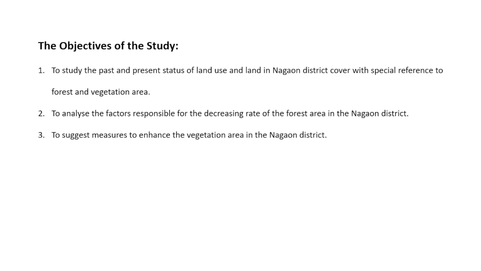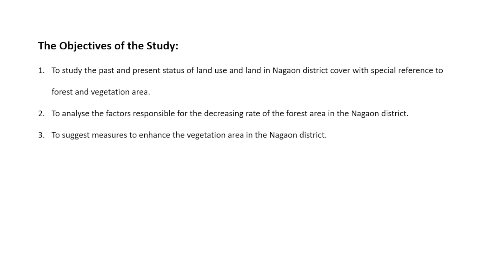Understanding these factors is critical for developing targeted interventions to mitigate the causes of deforestation. This analysis will provide insights into underlying drivers of land use change and inform policy decisions to curb forest loss.